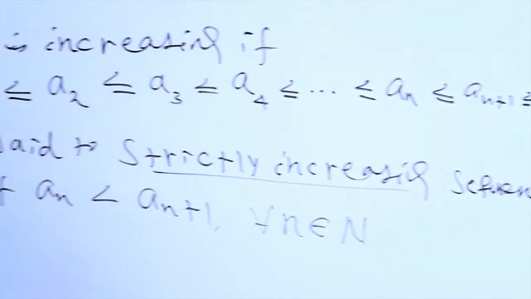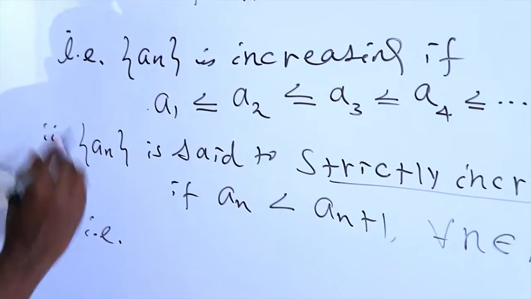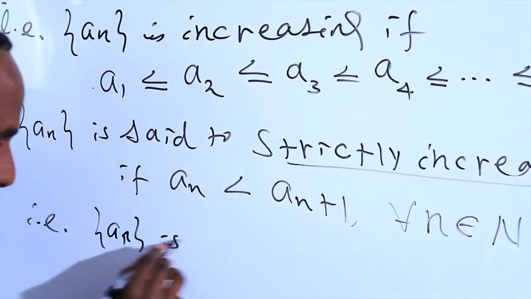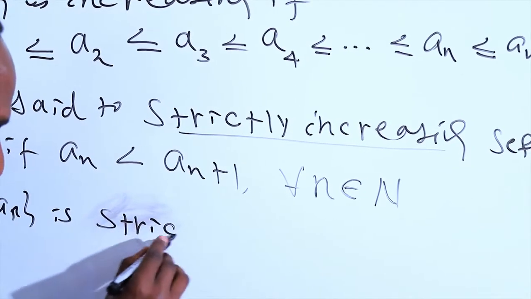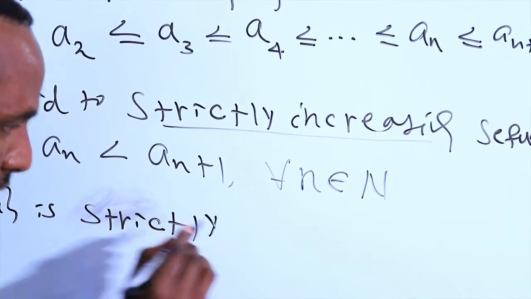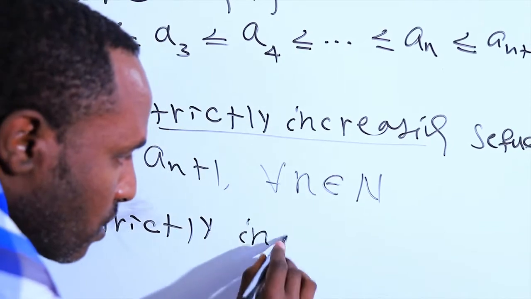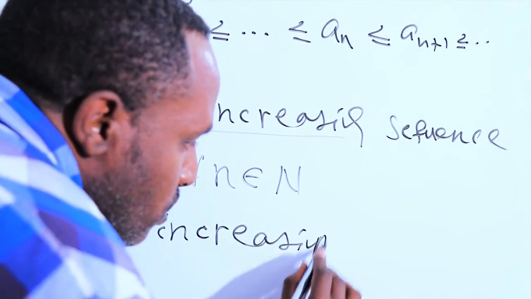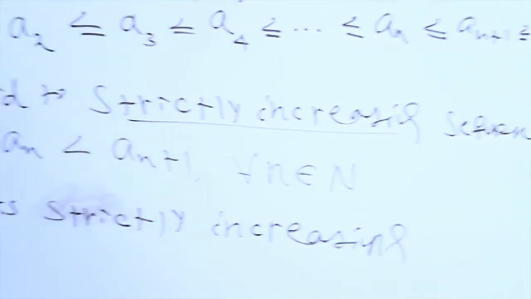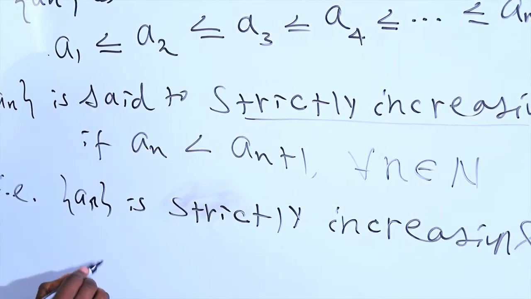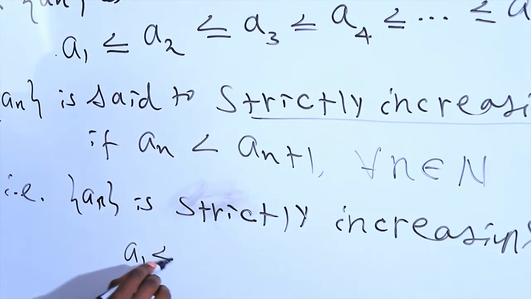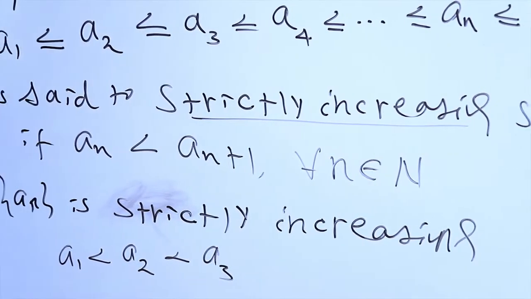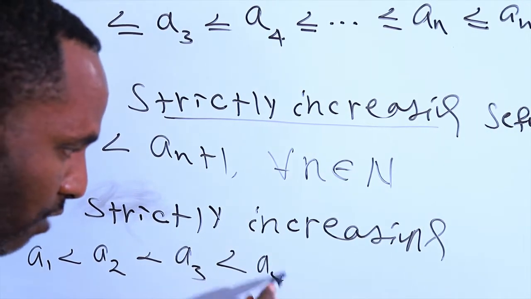That means here we can say the sequence AN is a strictly increasing sequence if A1 is less than A2, and again A2 is less than A3, and A3 is less than A4.